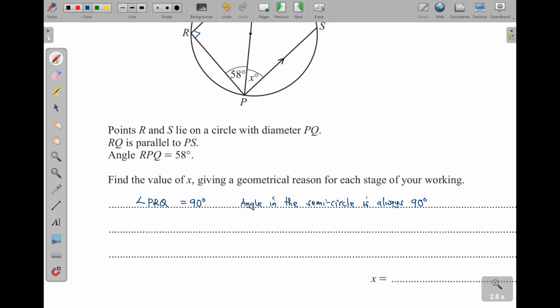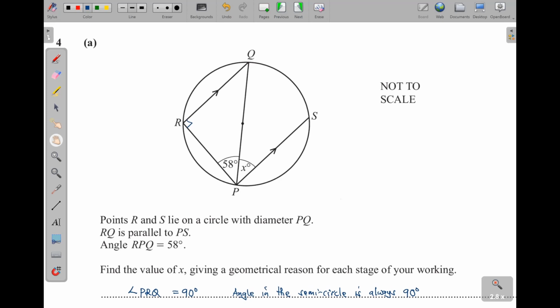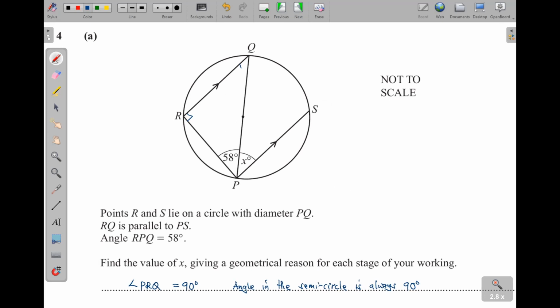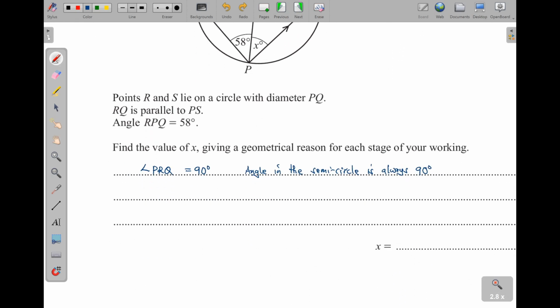Then after that, let's check the other angle here. When I get this angle here, it is the same as this one, X here. Do you see that this line here is parallel to this one? So using our Z, this angle is equal to that. So that means we shall get angle RQP. So angle RQP is going to be equal to 180 minus 90 plus the 58.